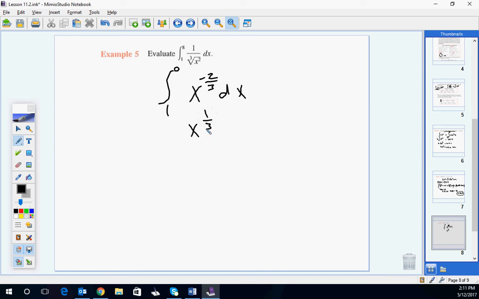Add 1, right? That's all I got to do. So you know it's a 1/3. So if it's a 1/3, what was in front? Because there's nothing in front now. So if I drop a 1/3, what would I need to be here? A 3. Good. That's your antiderivative. So F of 0 minus F of 1. No, it's F of 8. Oh, F of 8. I lied to myself.